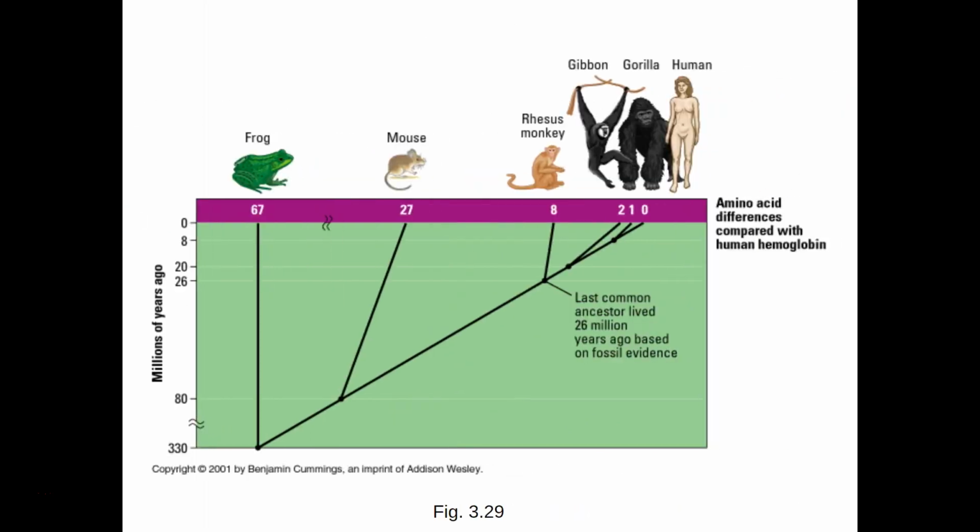And here is a little phylogenetic tree that is showing you the relationships among these species. So here are human beings, and you can see they're quite closely related to gorillas, and they're still pretty closely related to gibbons and rhesus monkeys, but not as close. And it's showing back here a common ancestor.